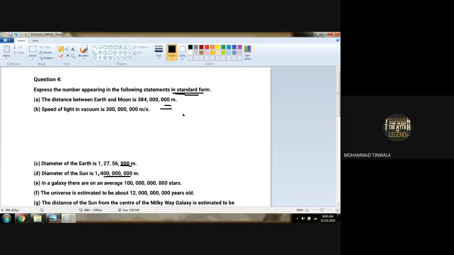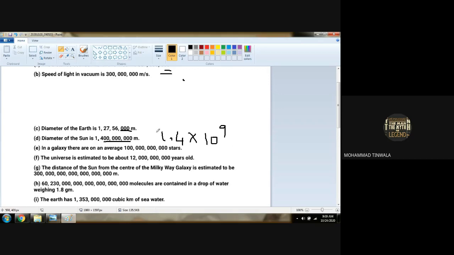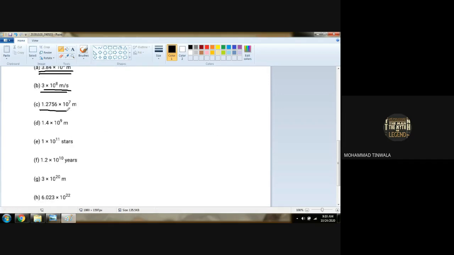So 1.4 કરવું હોય તો multiply by 10 raised to the power કેટલું થઈ જાય? 8 થોડું થાય. 9, decimal નો 1 digit આગળ કરીએ ને એટલે 9. 9 થશે ને દીકરા? Okay. So let us check. This was the answer, correct? 1.4 multiplied by 10 raised to the power 9. આવી ગયું?